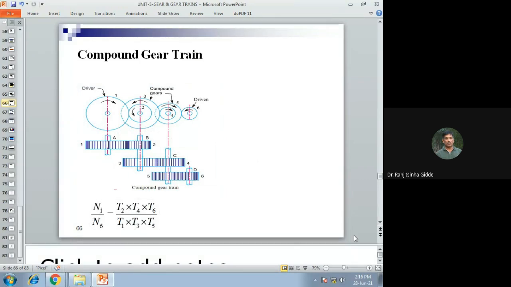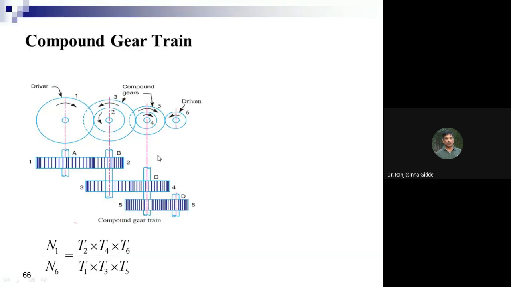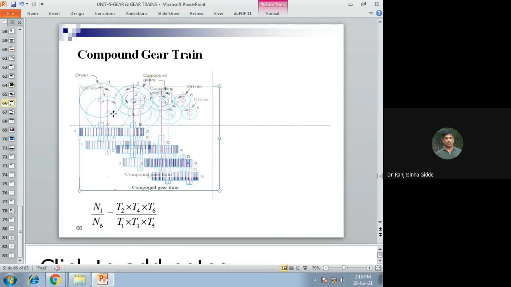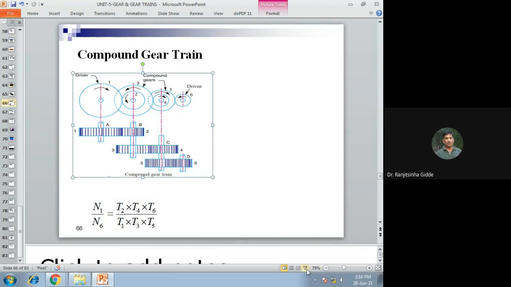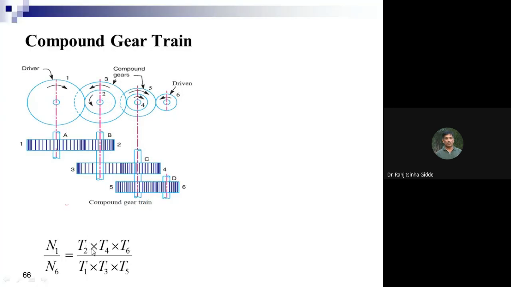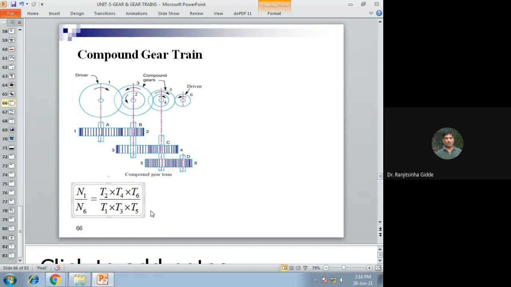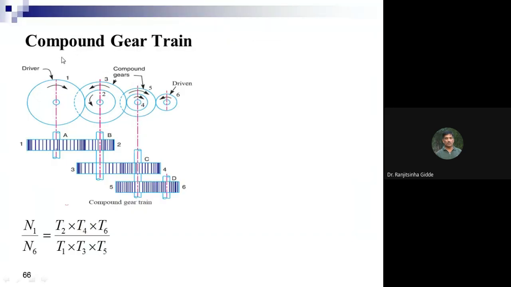How to find the velocity ratio, we will find out by taking an example. So here you can see this is the compound gear train. Now we are going to find the speed ratio for the combination, right? This is the driver and this one is the driven. So what is the speed ratio?